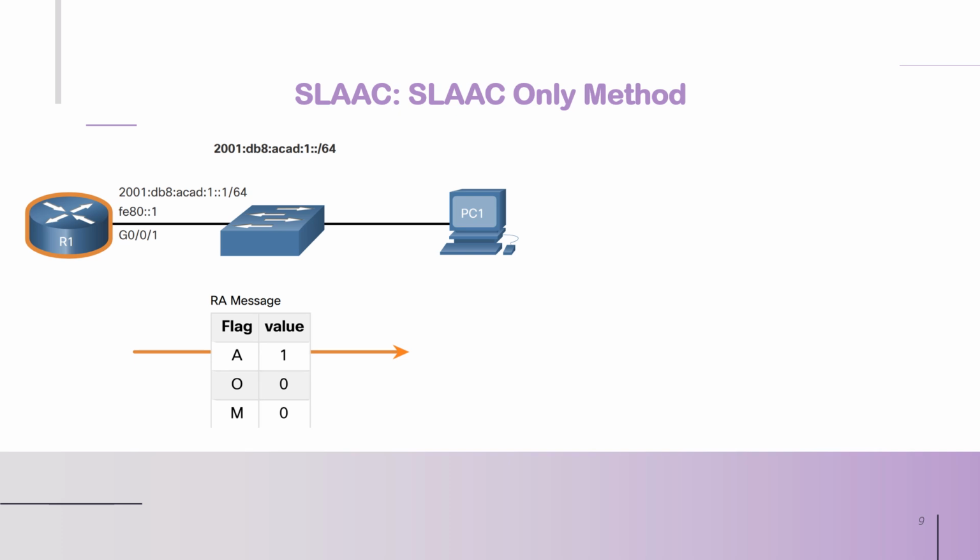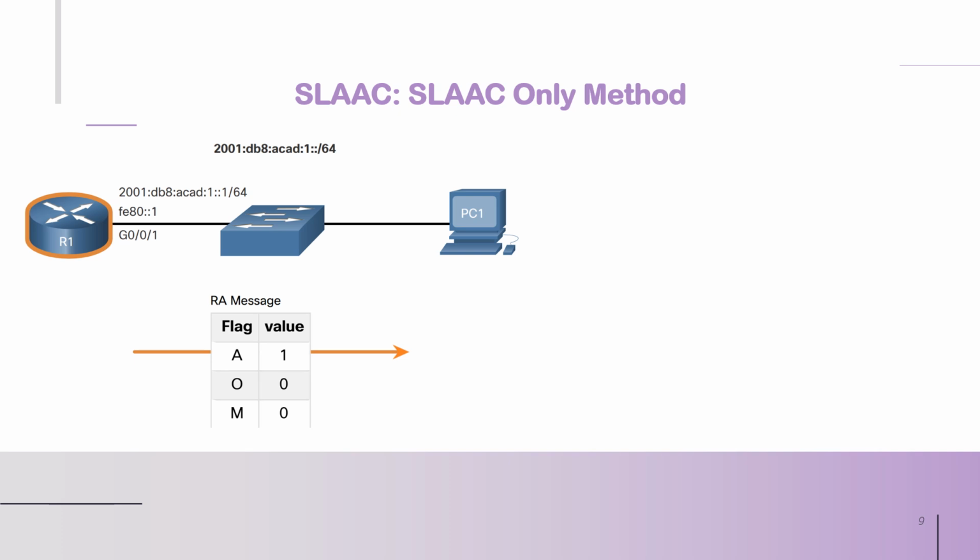The flag A set as 1 suggests to the client that it creates its own IPv6 global unicast address by using the prefix advertised in the router advertisement. The client can create its own IPv6 address by using its own interface ID, either the extended unique identifier method or having it randomly generated.